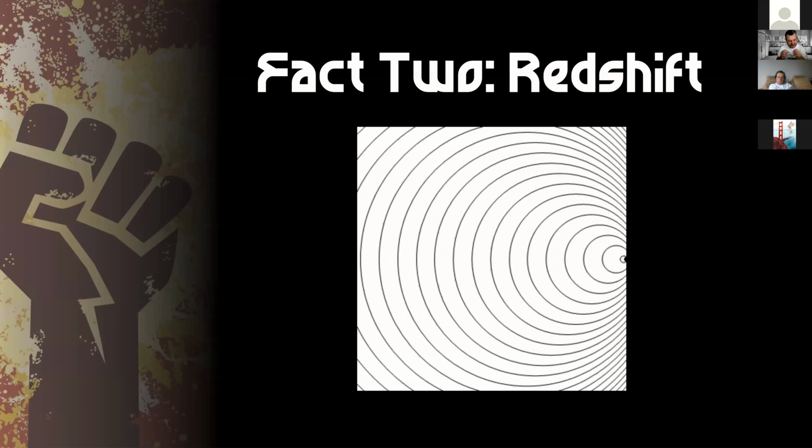And as it drives away from you, the pitch is lower because the waves get spread out. And you get exactly the same sort of thing happening in light: if you have a source of light and it's moving away from you, the light gets stretched towards the red end of the spectrum. If that light source is moving towards you, you get a blueshift and things are pushed to shorter wavelengths.